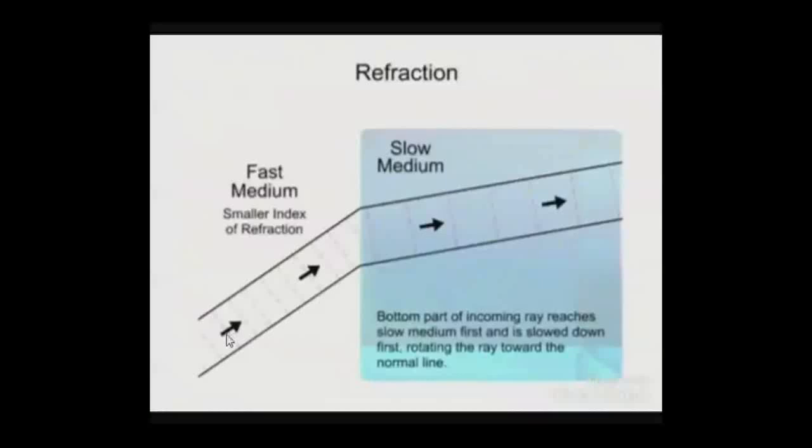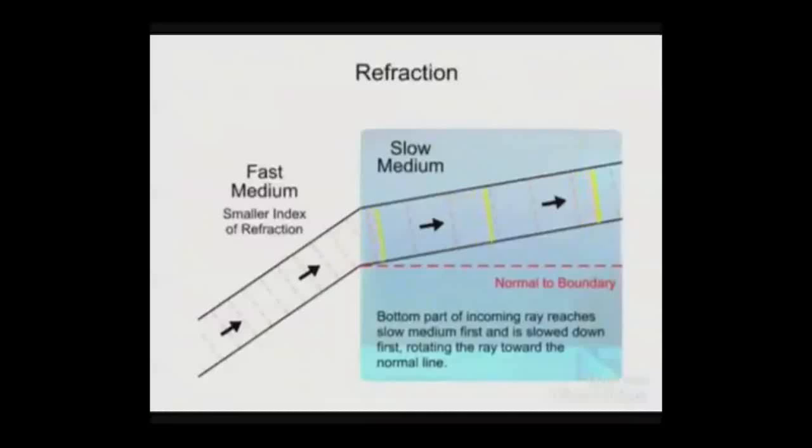Let us once again analyze this. See, when light enters from a faster medium to a slower medium, light goes as it is till the interface. Now, first the bottom part of the incoming ray reaches the slow medium and is slowed down first at the interface, and this is the reason for rotating the ray towards the normal line.